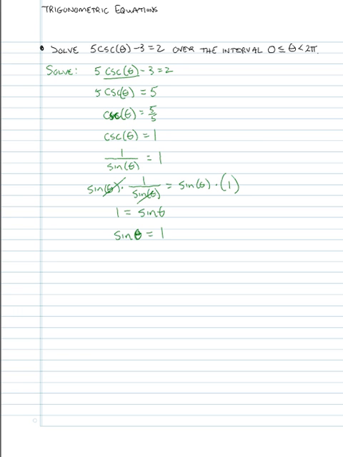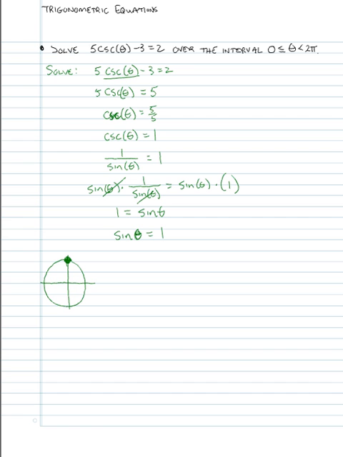That's really the issue. And so we're looking for all of the positions around the unit circle where the sine of theta is equal to 1 in one revolution. Now the sine of theta being the second coordinate, then the only place the second coordinate is positive 1 is right here.